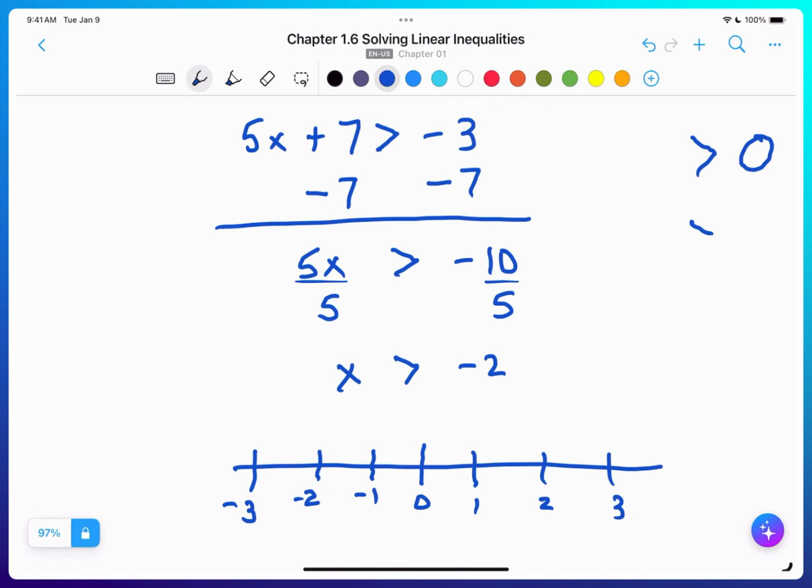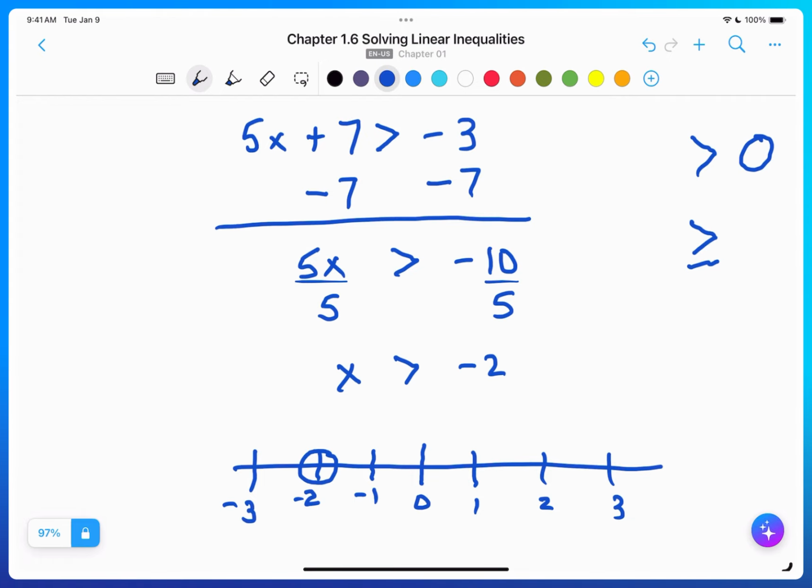If you have a greater than or equal to, it's going to be a closed circle. And I'm going to show you how you do this. You come over here where it shows -2, because x is greater than -2. You're going to draw an open circle.